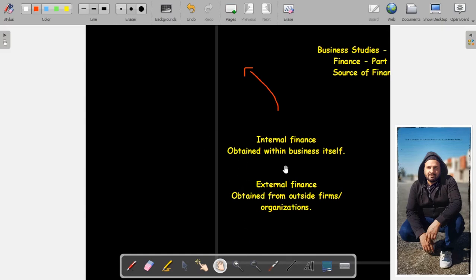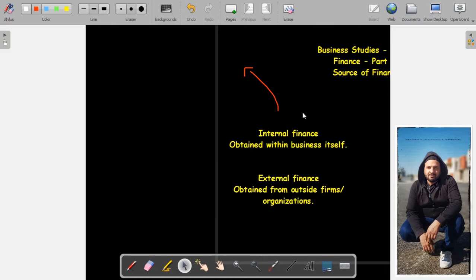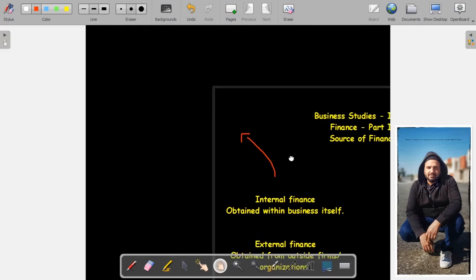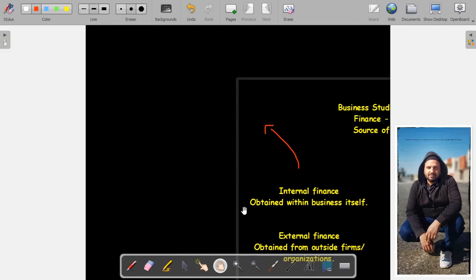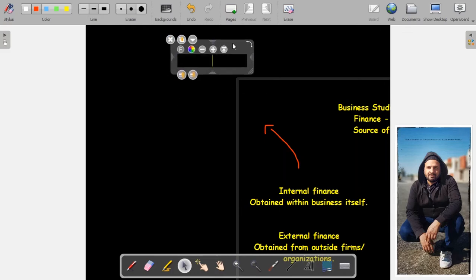As for the internal finance, it will be divided into a few types. We're going to talk about each one of them. The first internal finance method is something called retained profit.